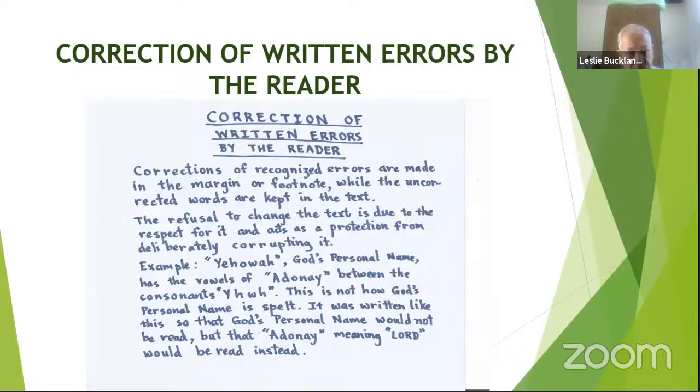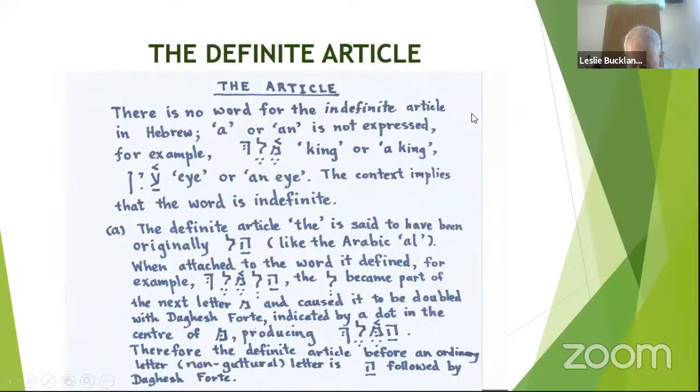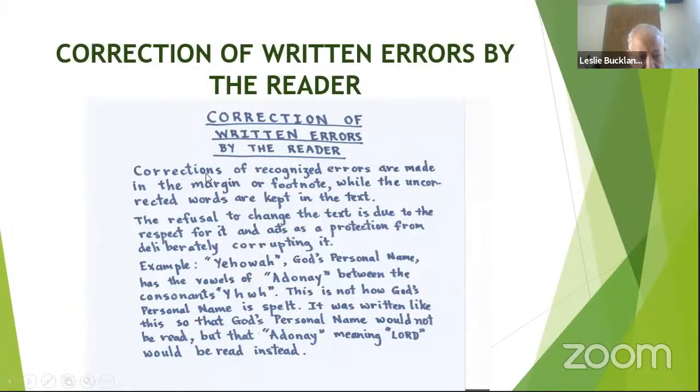Okay, so let us look at correction of written errors by the reader. Corrections of recognized errors are made in the margin or footnote, that is, at the side or at the bottom, while the uncorrected words are kept in the text.